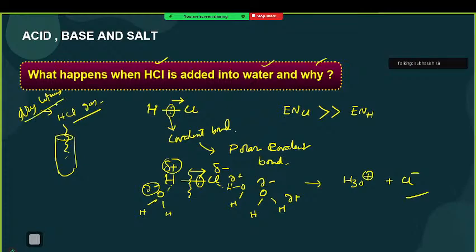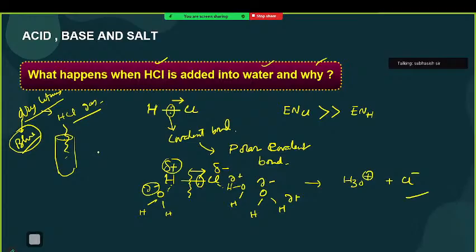If you use dry litmus paper, blue in color, it does not change the color of the litmus paper, because dry HCl gas is not acidic in character. Unless HCl is dissolved in water, or is in the presence of moisture, it does not behave like an acid.